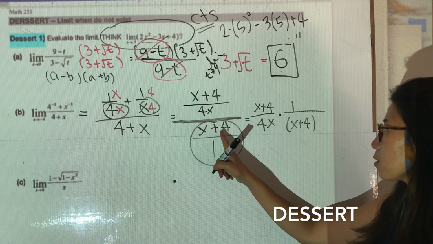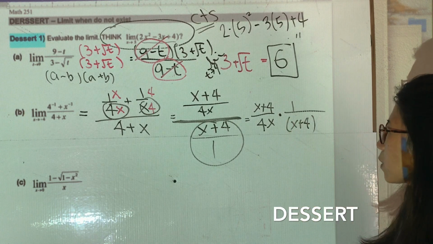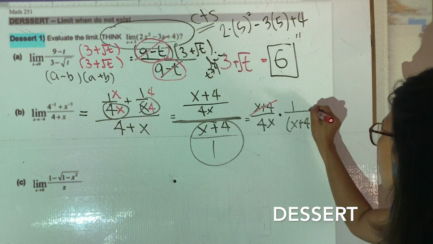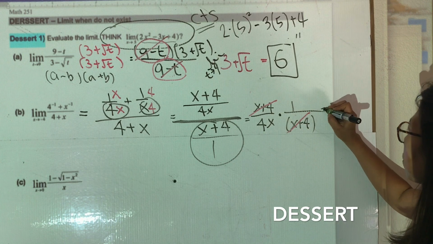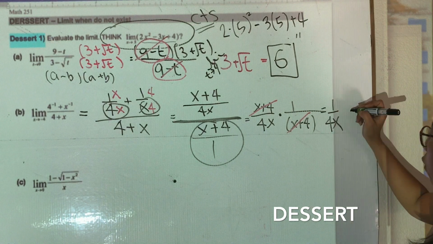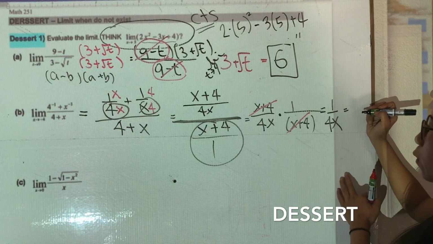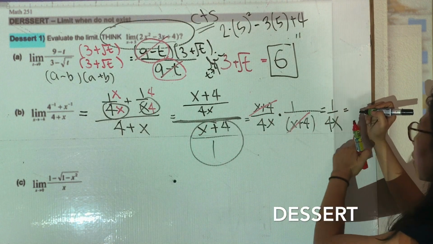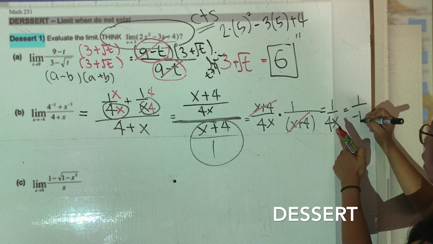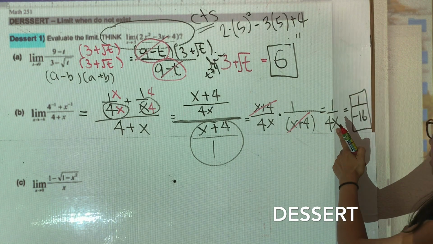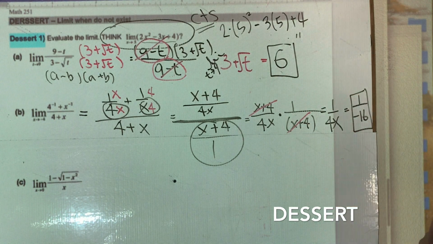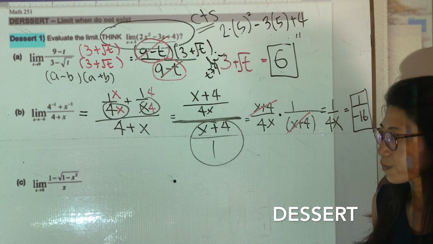Divide by the number means multiply by the reciprocal. So I rewrote it and then canceled out. It simplifies as 1 over 4x. Therefore, now I can plug in finally negative 4. I get negative 1 over negative 16 as my answer.